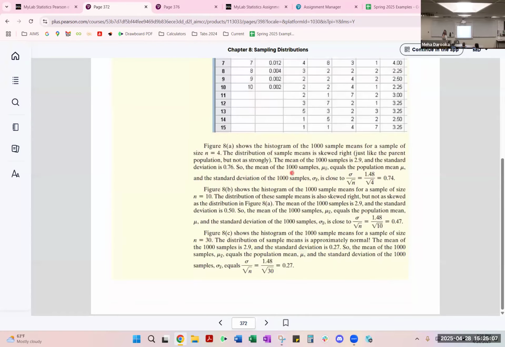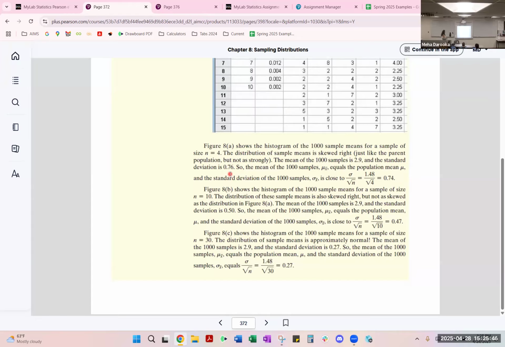So in this case also, the mean for your sampling distribution equals the population mean. The standard deviation also technically follows the same formula that we just saw for the normal distribution, which is the population standard deviation divided by the square root of n, which came out to be approximately 0.74. From the table, we got 0.76, so still pretty close to each other.